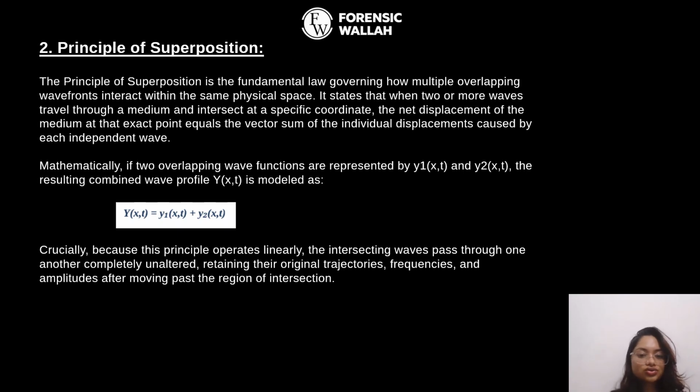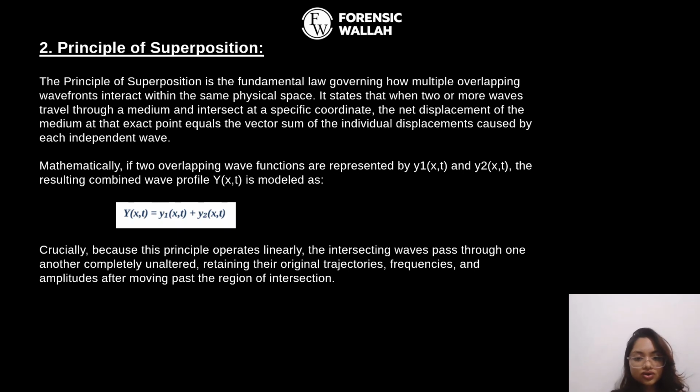If we represent two overlapping wave functions mathematically as y1(x,t) and y2(x,t), the resulting combined wave profile, that is y(x,t), is modeled as a simple linear combination. Crucially, because this principle operates linearly, the intersecting waves pass through one another completely unaltered.